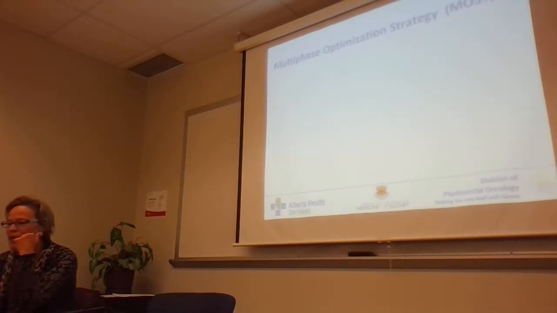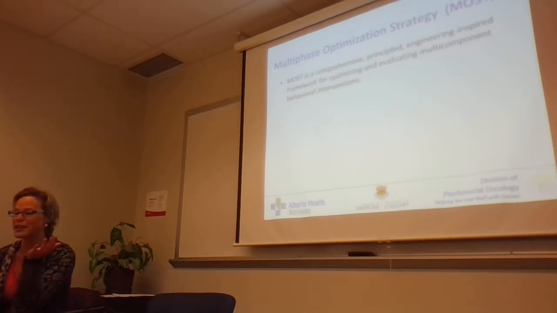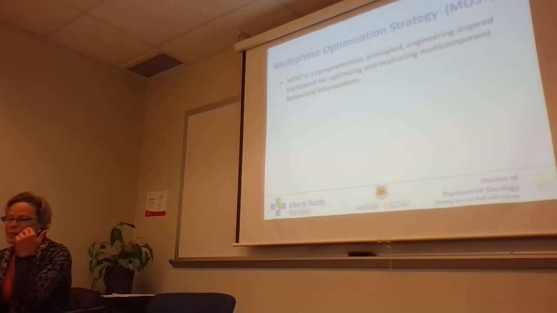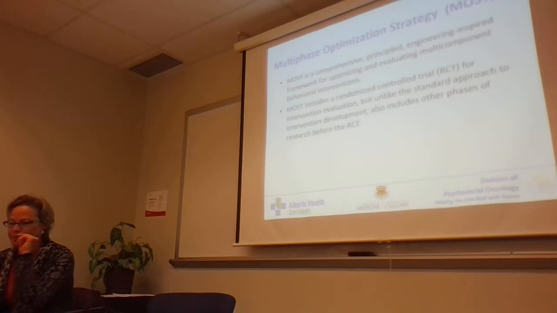And then as part of the treatment optimization phase, so sort of 1B, we talked about the MOST, multiphase optimization strategy. The way they define it is a comprehensive, principled, engineering-inspired framework, really just an approach for optimizing and evaluating interventions that are multi-component behavioral things, like our exercise interventions, or some of the psychosocial interventions, or the mindfulness-based, the Tai Chi, all those sort of ones that have many different treatment elements.